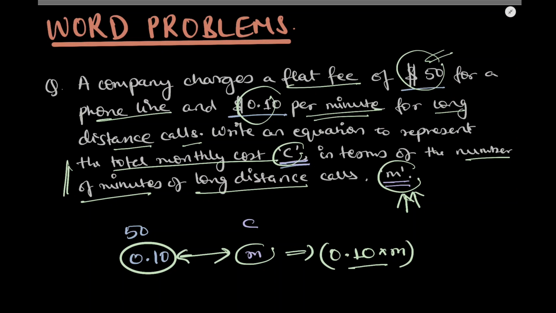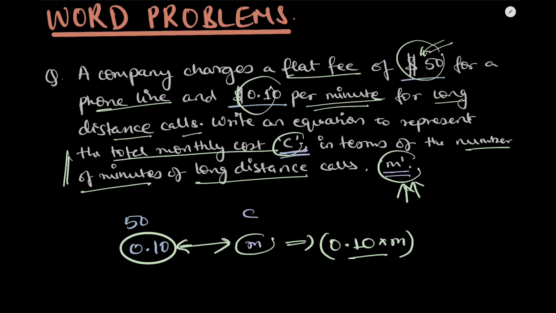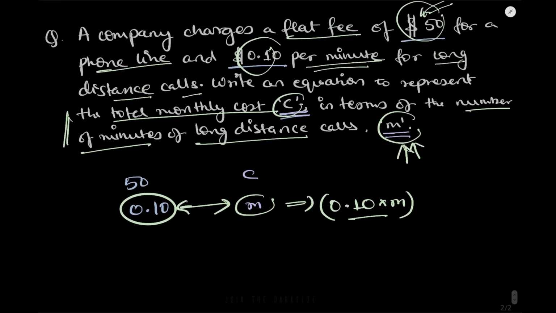Again we see that a company charges a flat fee of $50. A flat fee will be there any time you call. It is for the phone line. If you start using it, you need to pay this, so you don't need to multiply it with anything. We just add it here.